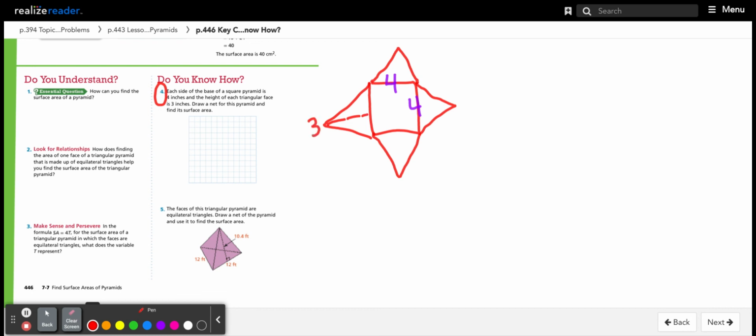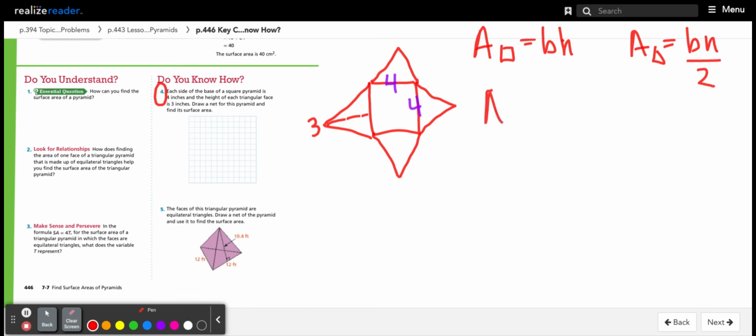Okay, so I will find the area of 2 shapes here. First, I will find the area of the square, which is base times height. Then I will find the area of the triangle, which is base times height divided by 2. So what is the area for the square?